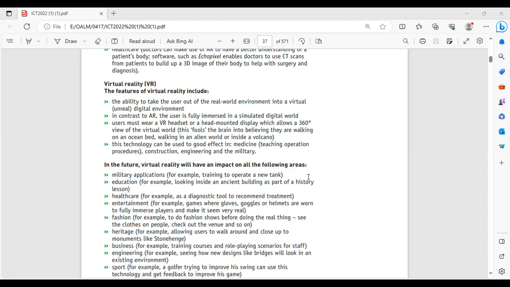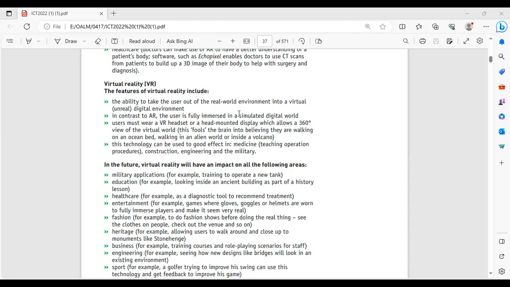It's good to use in medicine, construction, engineering, and the military. In medicine, for example, using VR can help doctors virtually see the condition of the patient without having to do surgery. But so far it hasn't been developed.